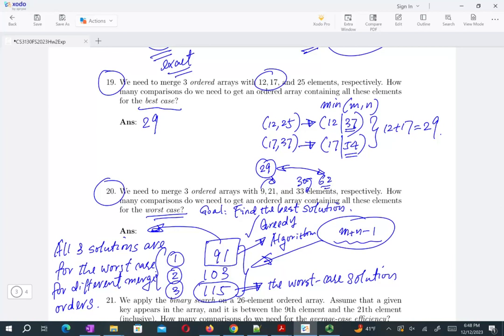Every time you select two subarrays to merge, you pick the two shortest subarrays. That's the greedy strategy. In this example, you can see we can apply the greedy strategy to get the best solution.